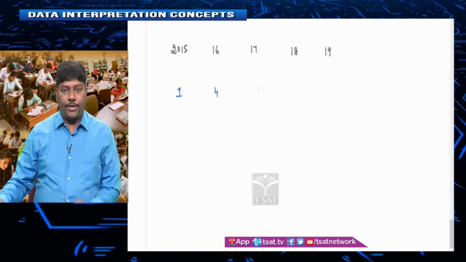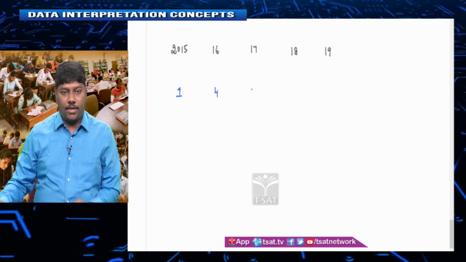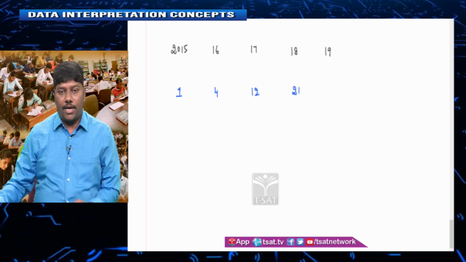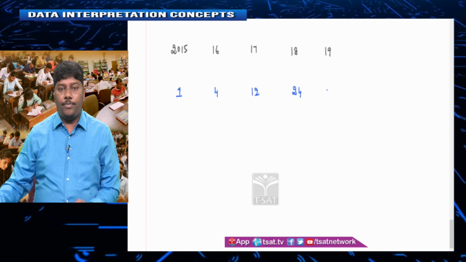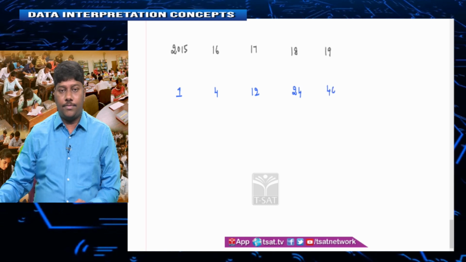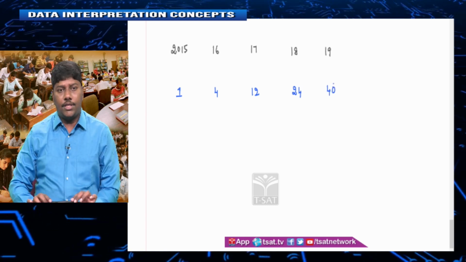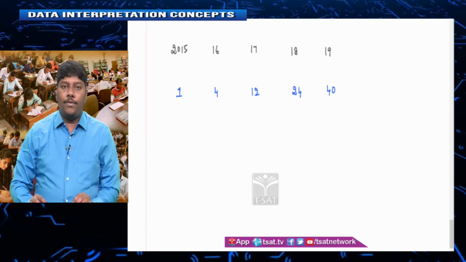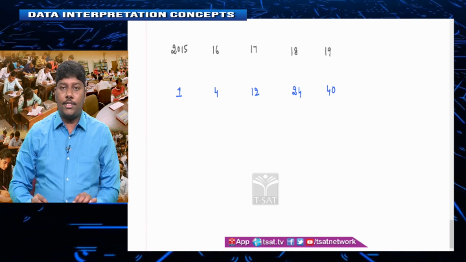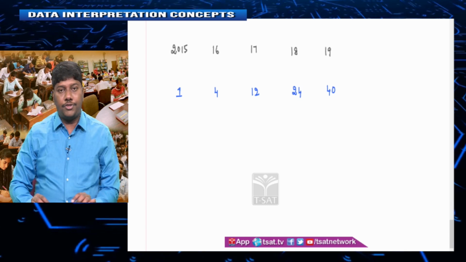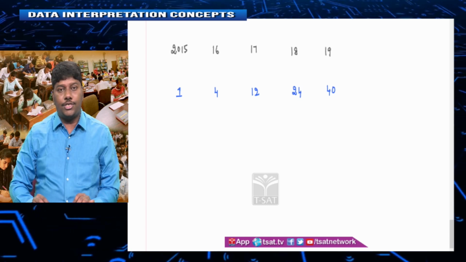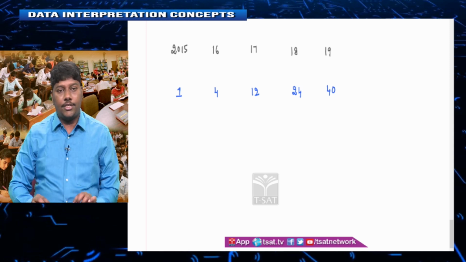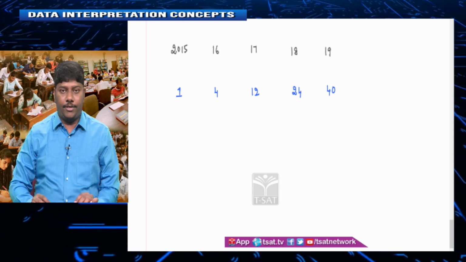In 2017, it became 12,000 cars. 2018, it became 24,000 cars. 2019, it became 40,000 cars. Everything is in thousands, 2015 to 2019. If I ask you, between which two successive years is the percentage increase the greatest?